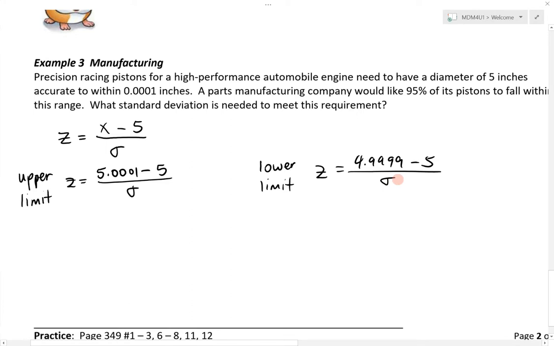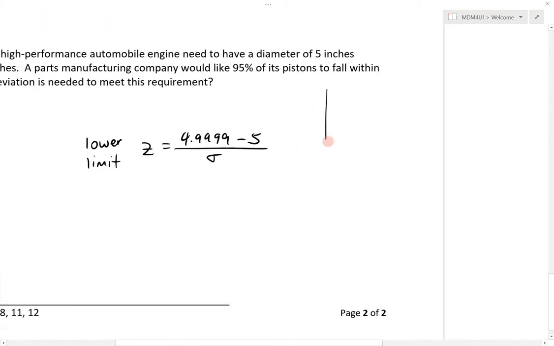Okay, so if you want 95% of your pistons to fall within the range, here's your normal distribution, you want 95%, so it has to be within some range, this whole thing right here has to be 95%. So what will your limits be? That's an interesting question.